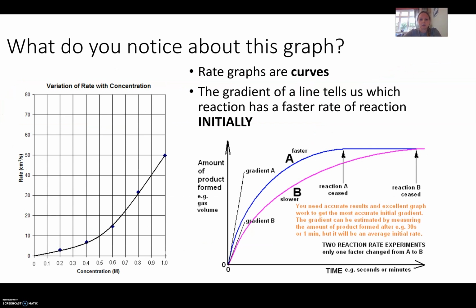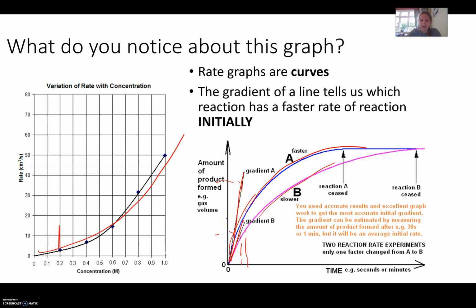Okay, so what do we notice about graphs? First of all, rate graphs are curves, and the significance of that is the fact that the rate changes continuously over a reaction. If you look at this graph on the right, you've got a blue line and a purple line. If we took the gradient of the blue line and compared that to the gradient of the purple line, gradient is rise over run.